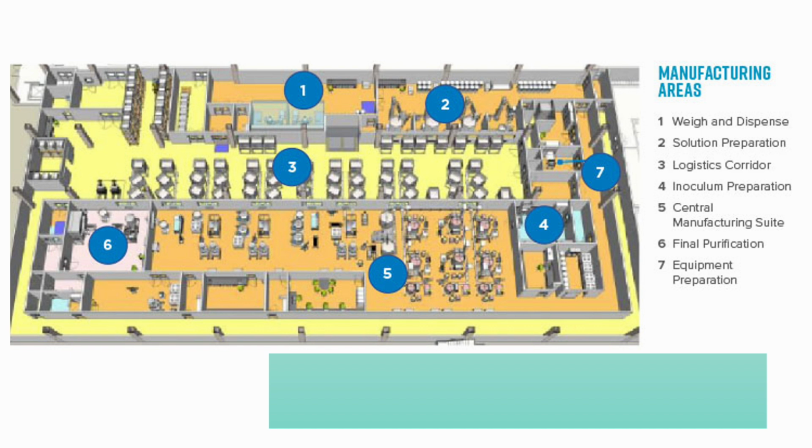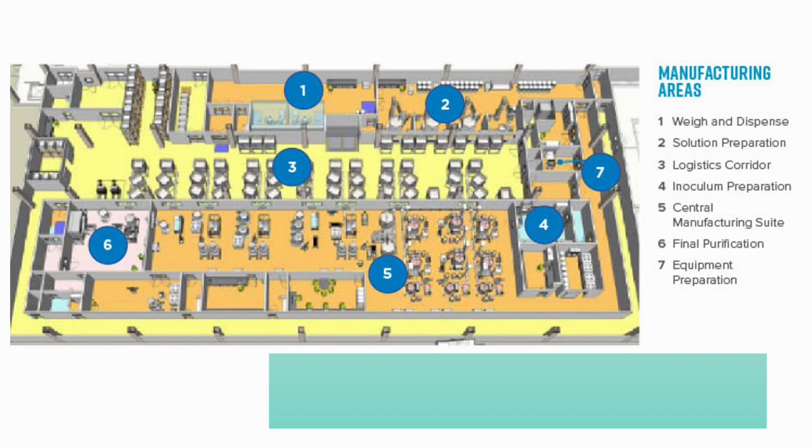So here I'm showing you a manufacturing area of a facility. As you can see, you have several sections in this plan. For example, section 1 is the weigh and dispense room. Section 2 is the solution preparation.